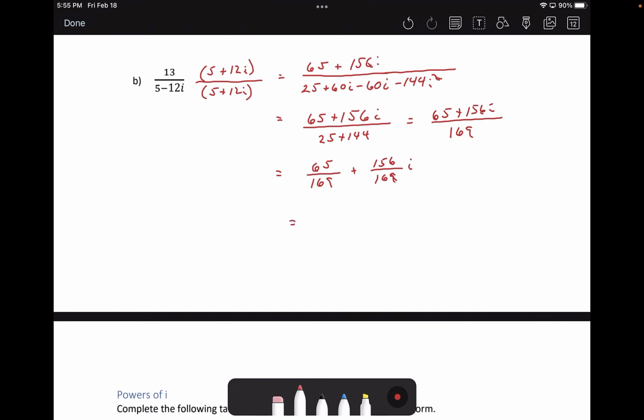And now we just want to make sure we reduce if possible. This becomes 5/13 plus 12/13 i. Make sure your answer is in standard form.